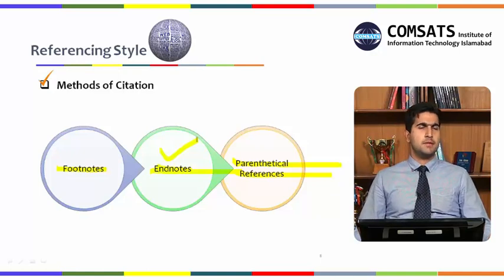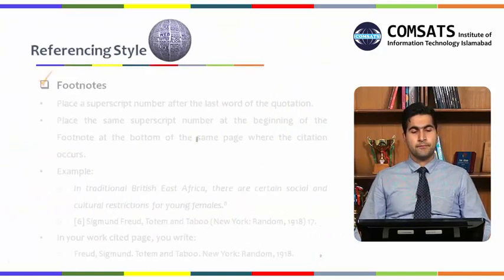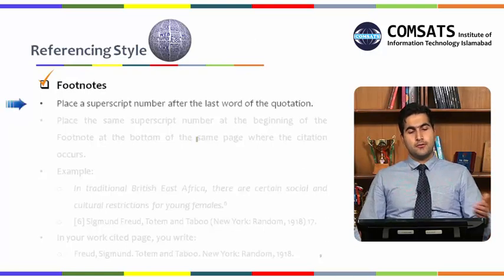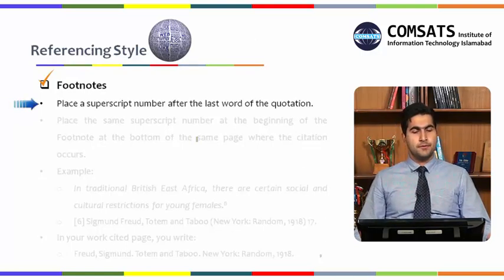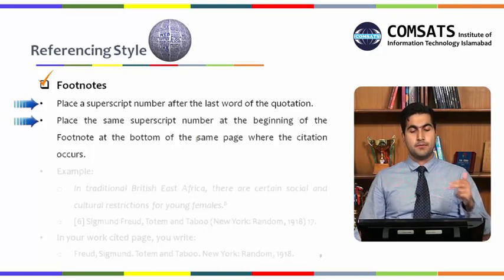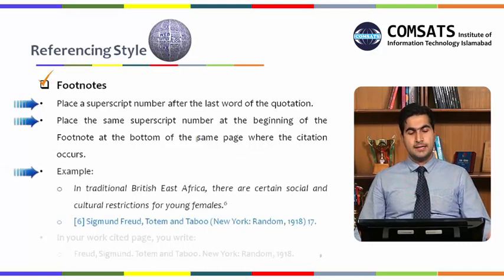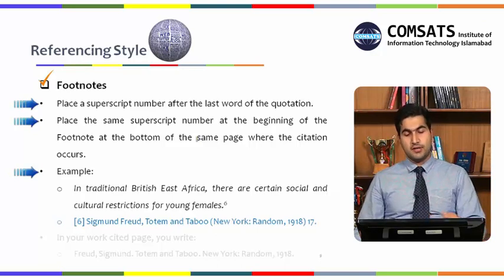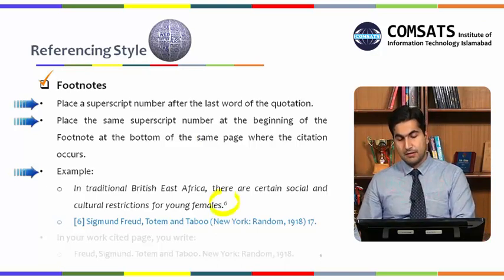Now let's have a look at them and their examples, starting from footnotes. You place a superscript number after the last word of the quotation. You place the superscript number at the beginning of a footnote at the bottom of the same page where the citation occurs. For example, this is an example which is going to make things easy. This is a text and this is the number I was talking about.